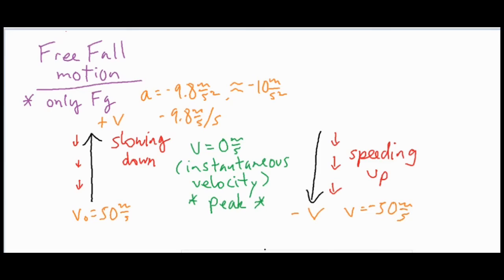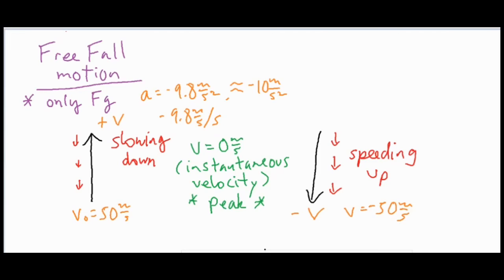So the rule is if you're rising, you're definitely slowing down at the rate of negative 9.8 meters per second squared. At the peak, you reach an instantaneous velocity of 0, and then you come down, moving in the direction of the force of gravity, and you're working together. You're speeding up, still subtracting 9.8 meters per second, creating a progressively greater negative number, showing that it's speeding up in the negative direction.